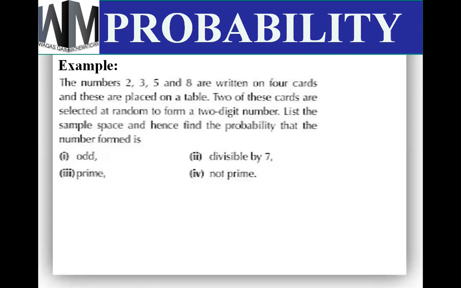So first, we are going to list all the sample space. That's what could be the possibility. Now I just want you all to write the possibilities. If you are taking two cards or two numbers out of 2, 3, 5, and 8, what possible numbers could be formed? Okay, you have 90 seconds for doing this.